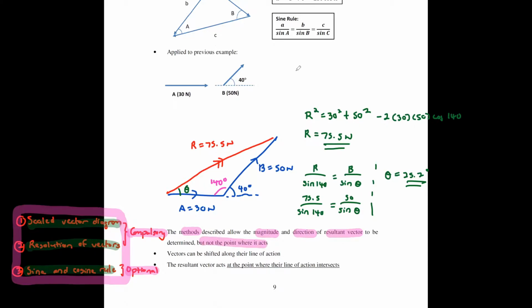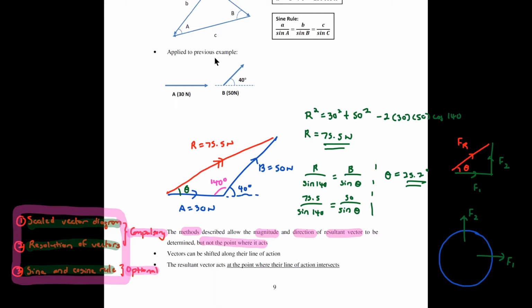What I mean by that is, if you were to consider a circular object with forces F1 and F2 acting on it, and I asked you to determine the magnitude and direction of the resultant of these two forces, you will be able to tell me that if these vectors were drawn from head to tail, the magnitude and direction of the resultant will be indicated by this red line here. The question now is, where on this circular object would the resultant force be acting?